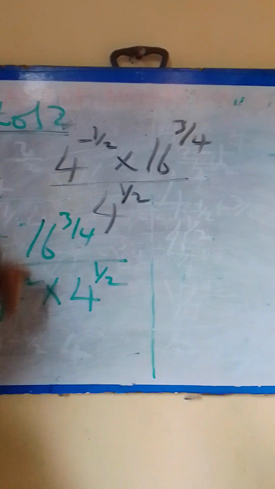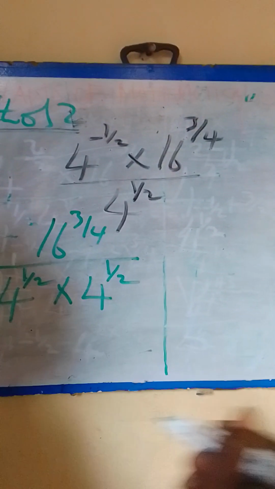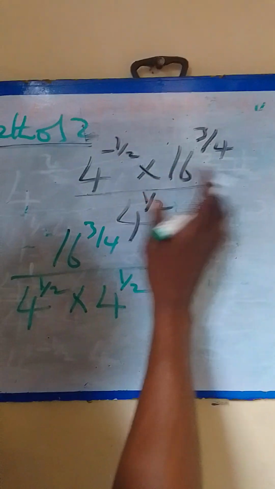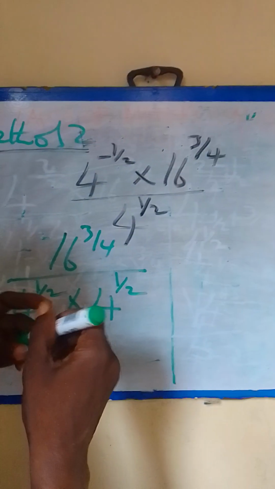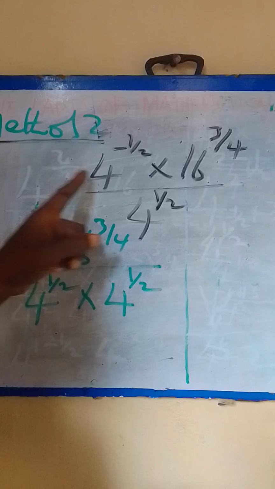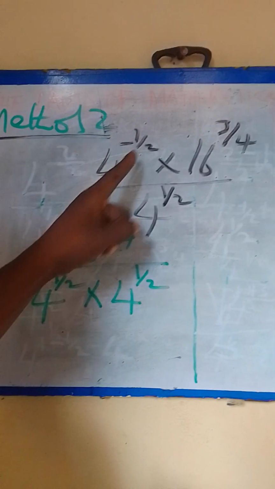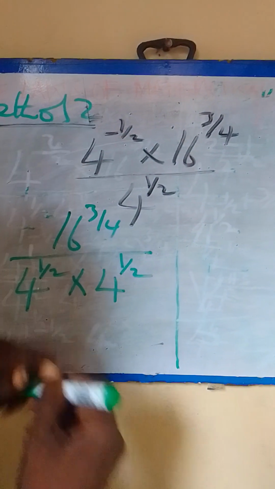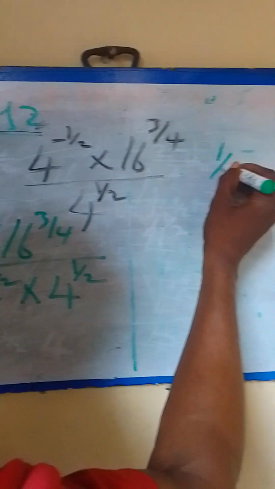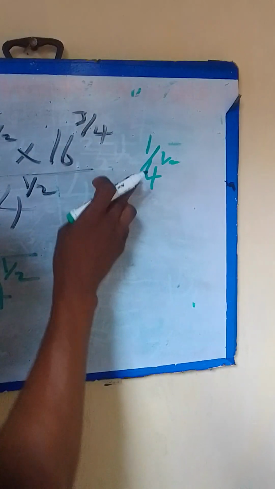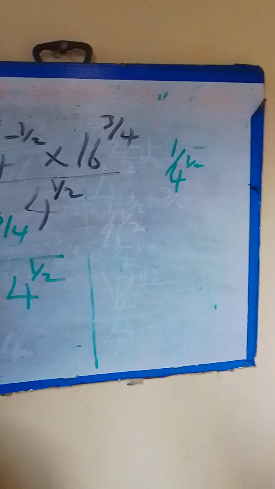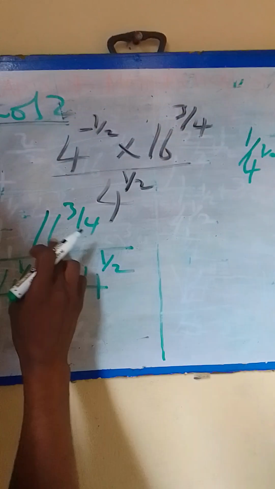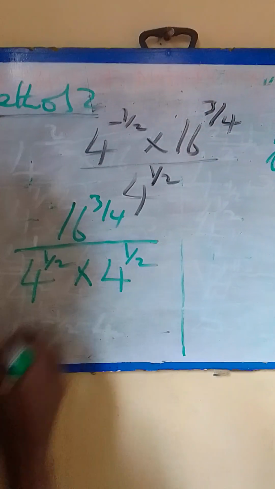This is the same thing as saying 1 all over 4 raised to power half. So 1 all over 4 raised to power half, this 4 raised to power half will come down. Then 1 times 16 will become 16. So this is what we are going to have.